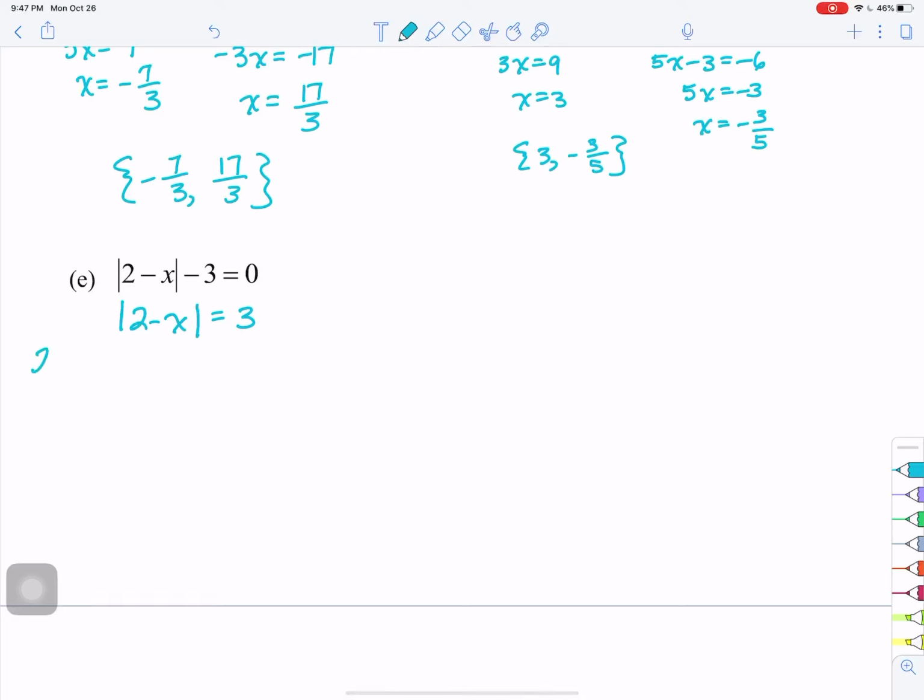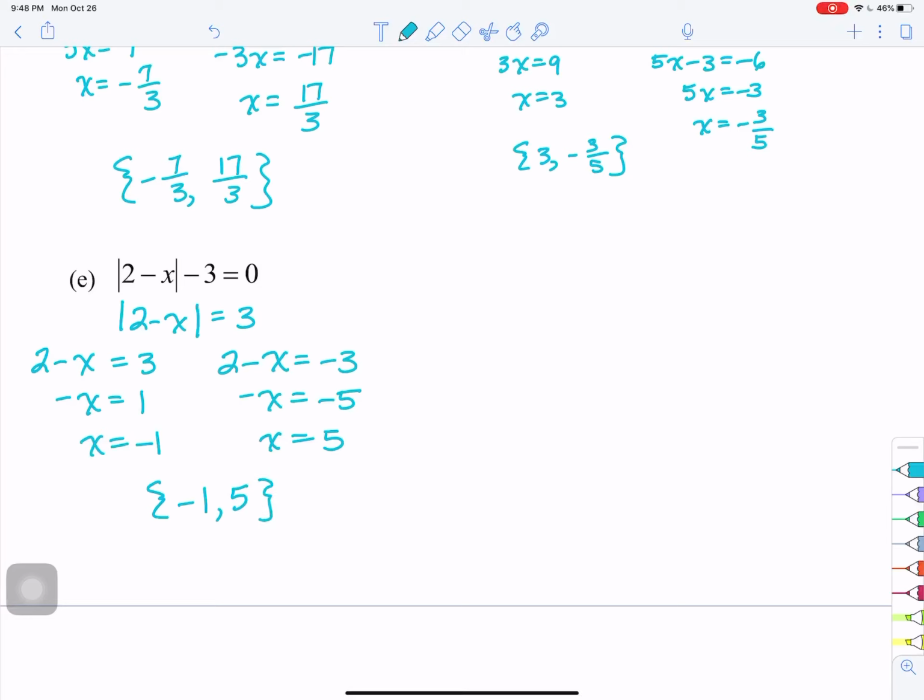Now we can drop the absolute value signs and say 2 minus x is equal to 3, and 2 minus x is equal to the opposite of 3. I'm going to subtract 2 from both sides, and then multiply both sides by a negative 1. We end up with a negative 1 and a 5 for our solution set.